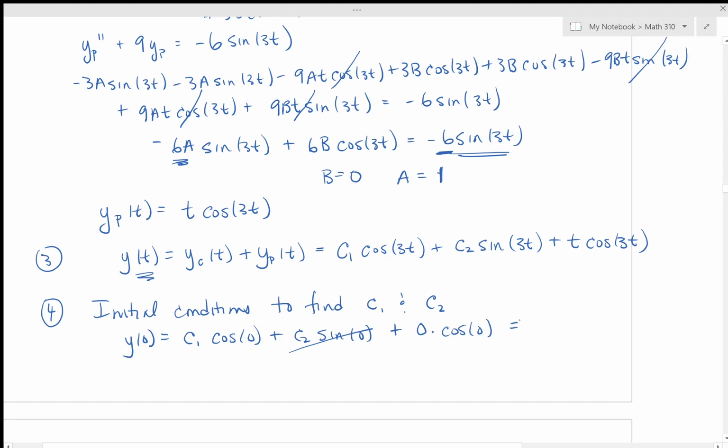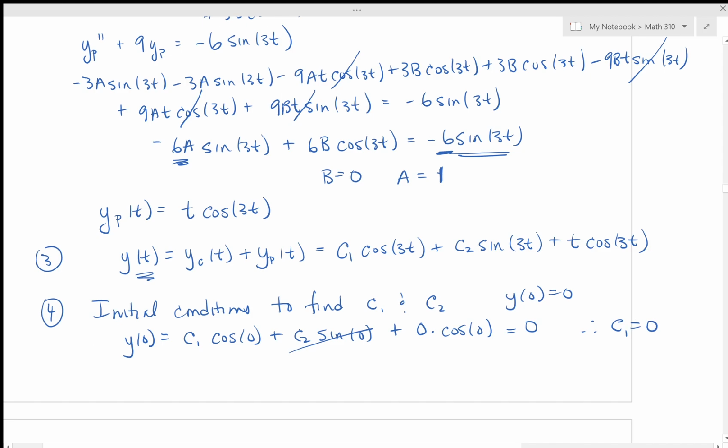So that means I immediately can figure out, what is y of 0 equal to? y of 0 is 0. So that's the stated initial condition, y of 0 equals 0. So that tells me that C1 is equal to 0.